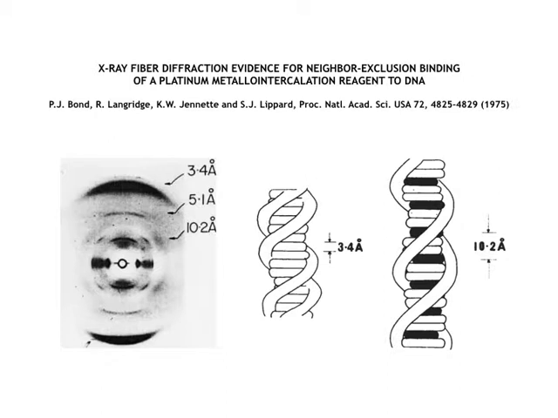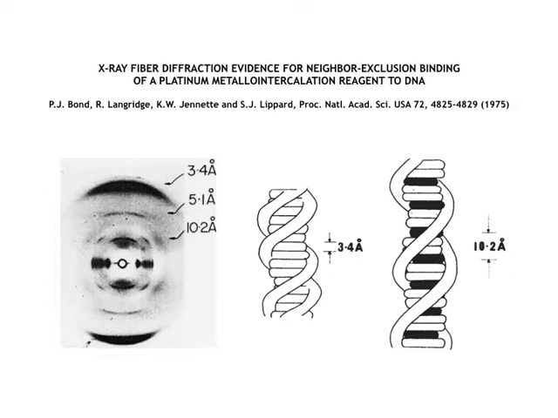An important prediction of this neighbor exclusion model is that extended microcrystalline domains be present at high drug-to-DNA binding ratios. This prediction has been confirmed by fiber diffraction studies, which indicate a platinum organometallointercalator to form extended microcrystalline domains when it complexes with calf thymus DNA.